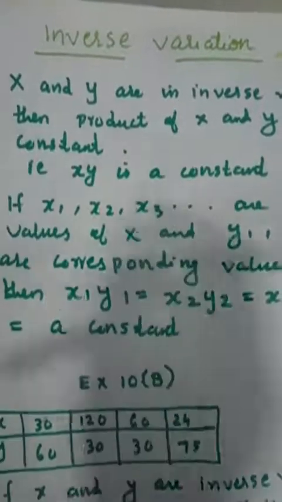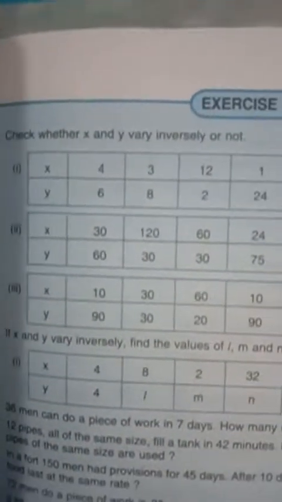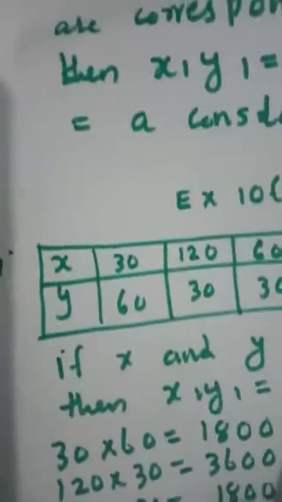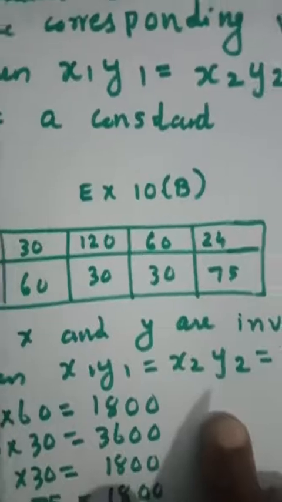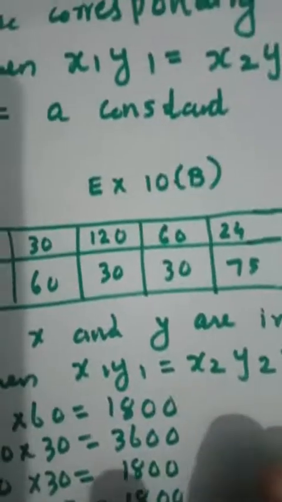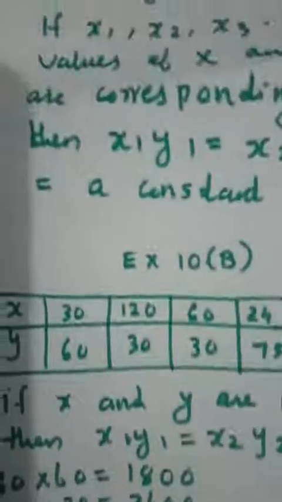Now let us discuss the problems. Exercise 10b, first question: check whether x and y vary inversely or not. Here, second question, x is equal to 30, 120, 60, 24. Y is equal to 60, 30, 30, 75.